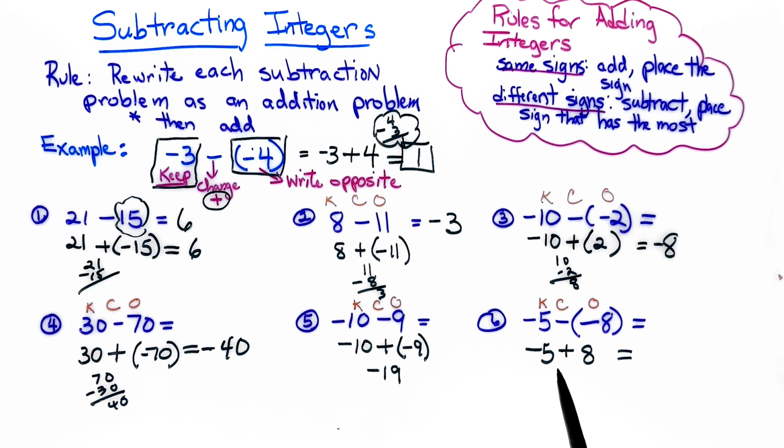So the signs are different. We're just going to subtract the numbers without worrying about what the signs are. So this would be an 8 minus 5, which we know is 3. And I'm putting that there. Now, what do I have more of? Positive or negative? Well, I have more positive. So my answer is 3.